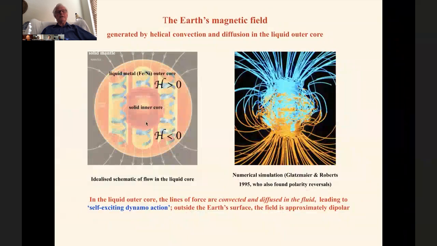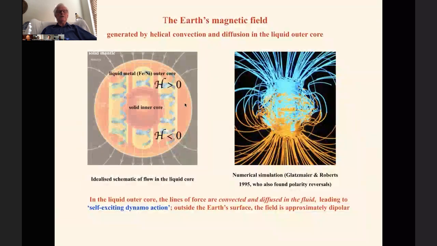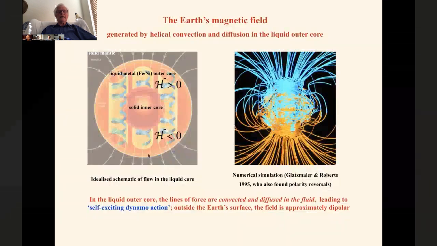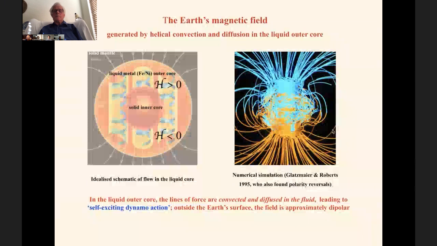There is the solid inner core, but then the liquid outer core. This is the Earth's solid mantle, and we are some distance away. This is the idealized schematic of flow in the liquid core. This is a numerical simulation, the first successful numerical simulation by Glatzmeyer and Roberts in 1995, who also found polarity reversals.